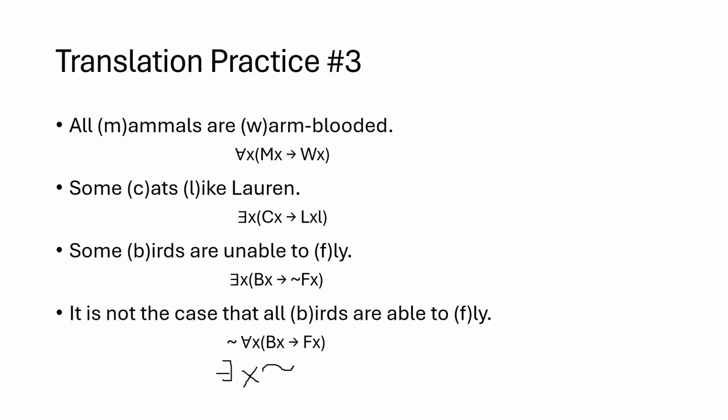But remember that this quantifier, or this arrangement, I guess I should say, with the tilde, can be reversed to have an existential quantifier out front and then the tilde inside, because really what this sentence is saying is that there exists something that it is not, or it is not the case that all things.